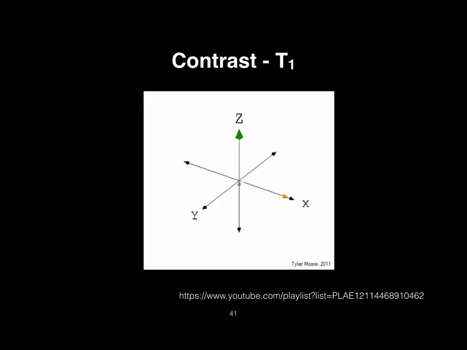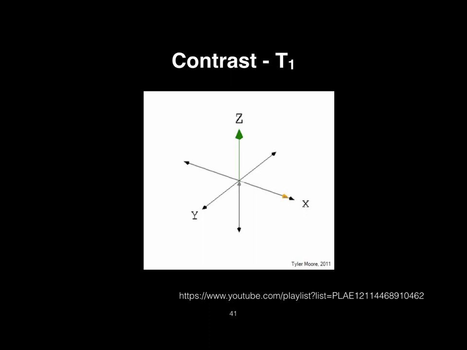Okay. So T1 is a reflection of how long the signal takes to actually get back to equilibrium. So remember, we started off with our patient, our animal, our sample. We put it in the magnet, and it takes us a couple minutes to kind of set things up. And by that time, equilibrium has been established, and then we come outside and we start imaging.